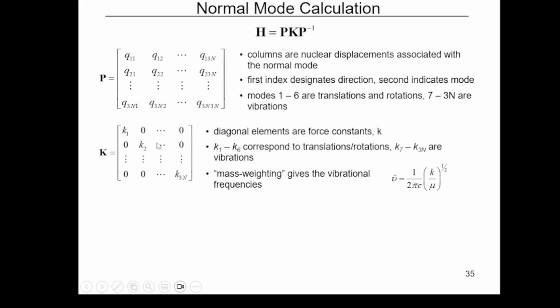In the case of K, which is a diagonal matrix, only the diagonal elements are force constants. K1 to K6 represent translation and rotation, whereas K7 up to K3n are vibrations. Mass weighting gives the vibrational frequencies, as you can see here.